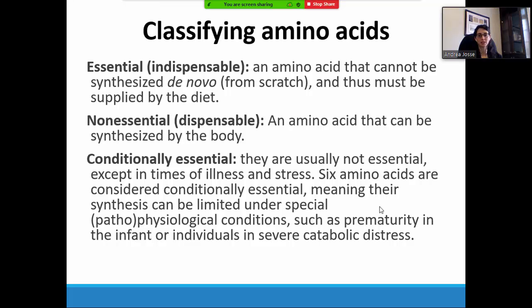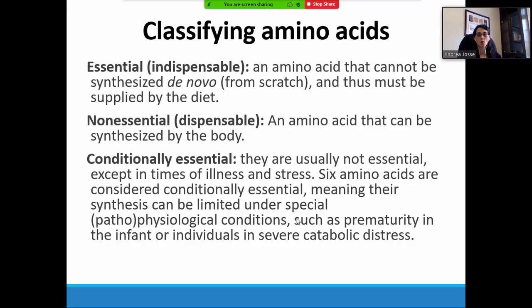So under special conditions, usually some pathophysiological conditions, okay? So most of the time it's in conditions of illness, as I've listed here, prematurity in the infant. So these amino acids are conditional in the infant, or in individuals with severe catabolic stress. This is when the body cannot make these particular amino acids.